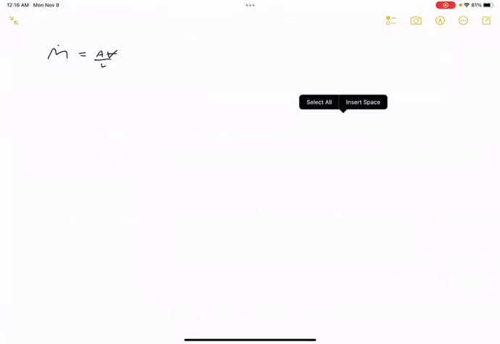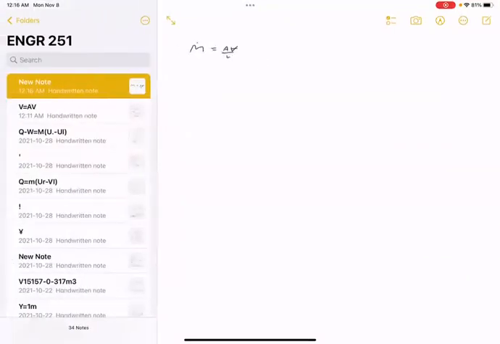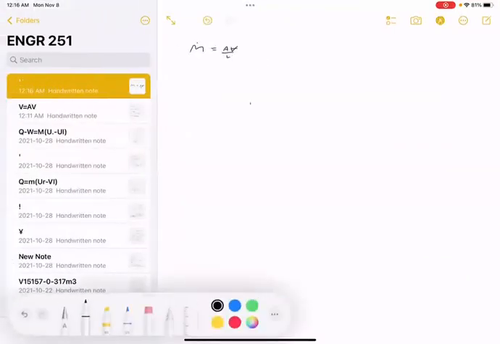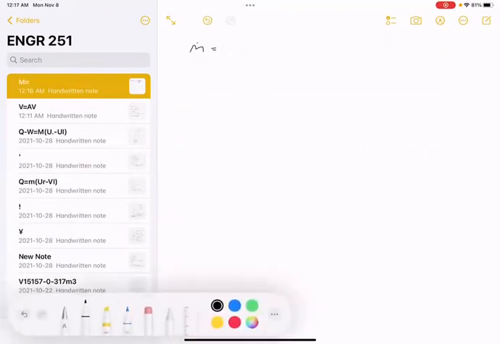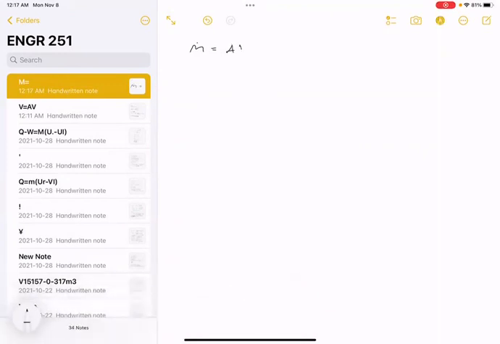Not sure how to erase this. Sorry about that. We're told in the question that m dot is 0.6 kilograms per second. Let's start at the inlet. We'll do it both at the inlet and the outlet.